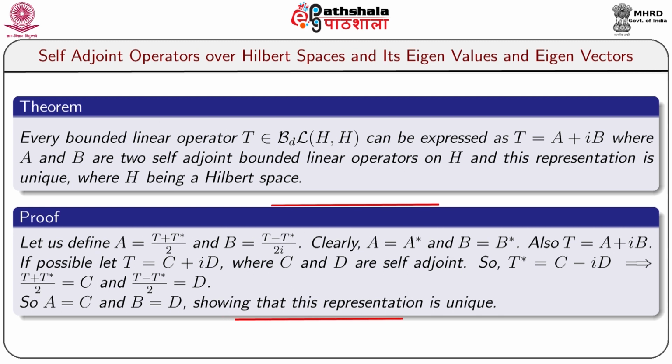If possible, let T = C + iD, where C and D are self-adjoint. So, T* = C − iD, which gives (T + T*)/2 = C and (T − T*)/2 = D. So, A = C and B = D, showing that this representation is unique.